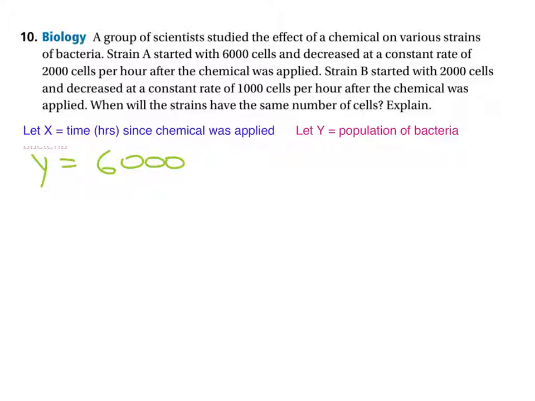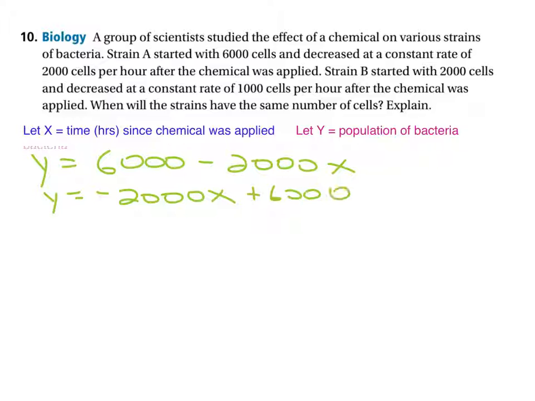We can say 6,000, and then it's decreasing, minus 2,000 cells for every hour. Another way you could write that, in slope-intercept form, would be negative 2,000x plus 6,000, where the 6,000 is the initial population, and the decrease per hour is 2,000, so it's negative.